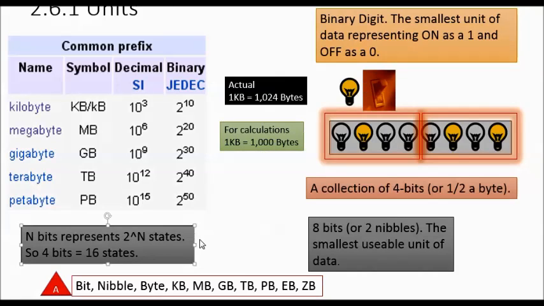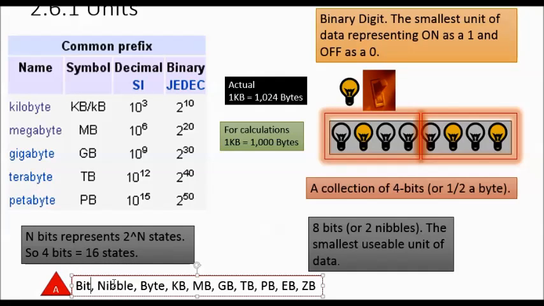There's also a very definite relationship between how many states you can represent with a certain number of bits: 2 to the power of however many bits you have. So if you have 4 bits, for example, it could represent 2 to the power of 4, or 2 times 2 times 2 times 2, which is 16 different states. So you need to know the order of the units.